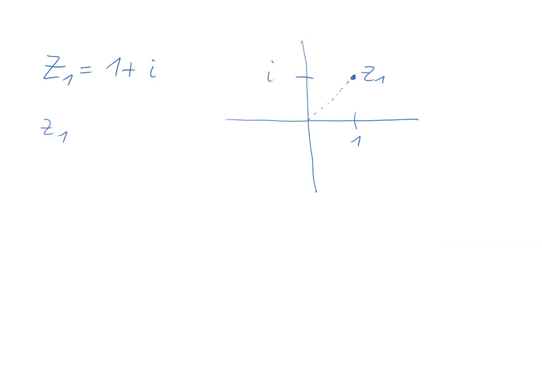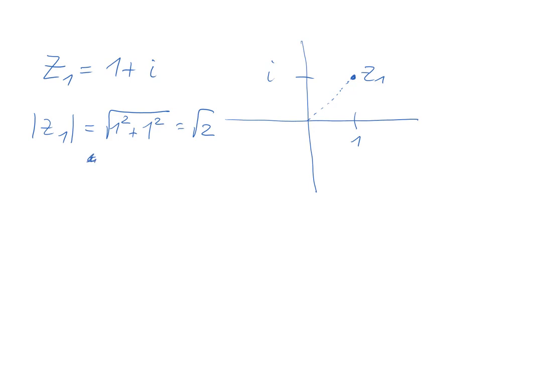Our first example is z1 equals 1 plus i. So this point z1, 1 plus i. The absolute value of z1 is the square root of 1 squared, the real part squared, plus the imaginary part, which is 1, so 1 squared. 1 squared plus 1 squared is 2, so we have the square root of 2.